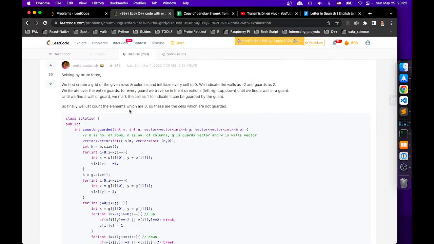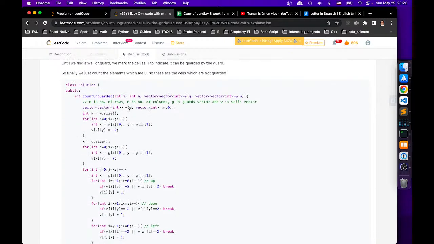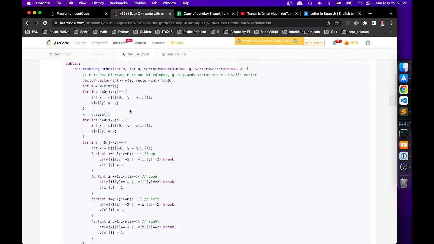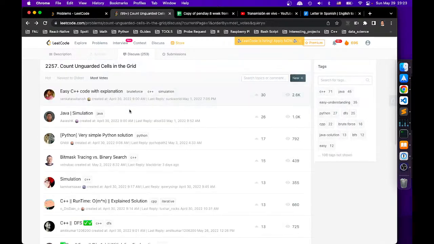So what it means is you start from each guard and you start going, and when you hit a guard, you just stop. Don't keep going, because if you go past that guard, it will do it again. So it can reduce the amount of repetition. Okay, this is brute force. Interesting. Any other solution?